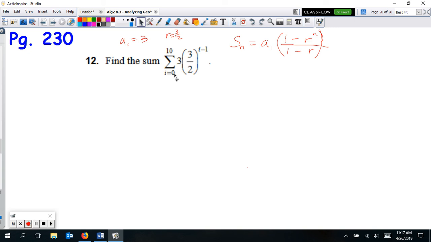So what is the number if your i is 0? If you plug in 0 here for i, what number do you actually get? So we need to say, what is A of 0? That's what's over here. So A of 0 is going to be the 3 times the 3 over 2 to the 0 minus 1. Well, 0 minus 1 is a negative 1. So that means we're going to have to basically flip this upside down.